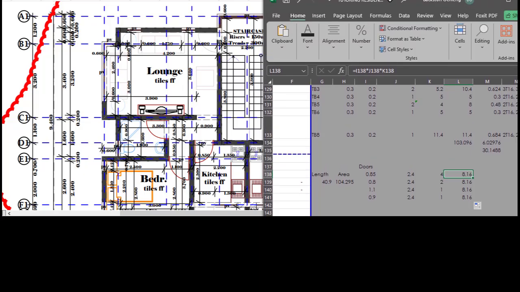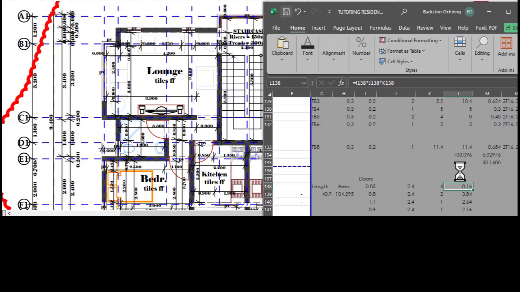So the area here is equal to width, multiplied by the height, times the number of doors. Okay, and then we copy that formula, then we get a sum here.